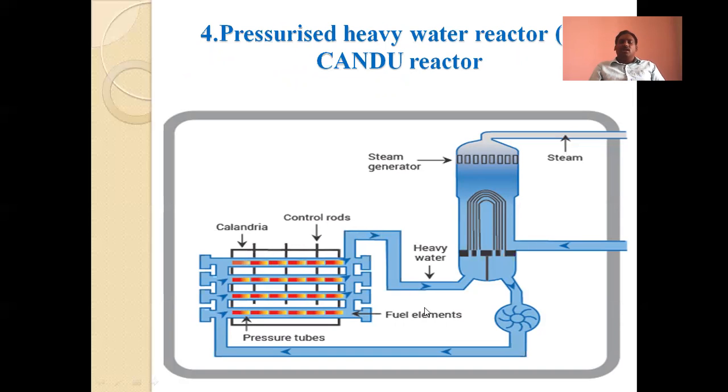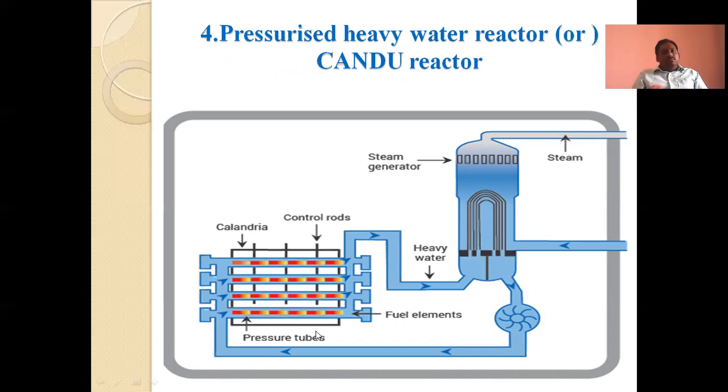In the CANDU reactor, the reactor and heat exchangers are separated. This is the pressure vessel or reactor core, and here it is also high pressure. Here these are the fuel rods, and these fuel rods are in the pressure tubes. CANDU reactor has many pressure tubes, which are horizontal.